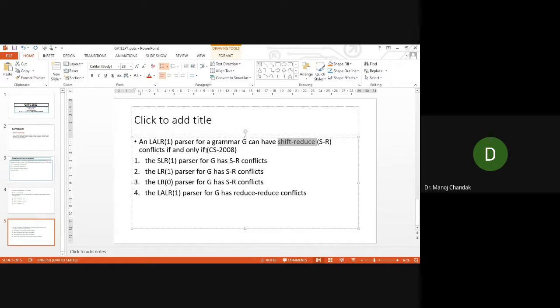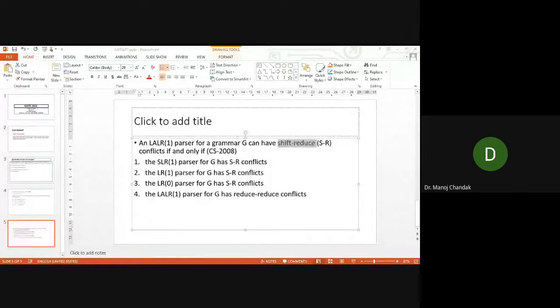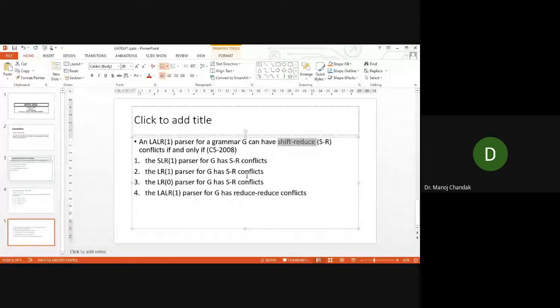So let me make it clear that LALR is constructed using LR1. If in LR1 there is a shift reduce conflict, then in LALR also there will be a shift reduce conflict. So do remember that LALR is an extension of the LR1 parser.